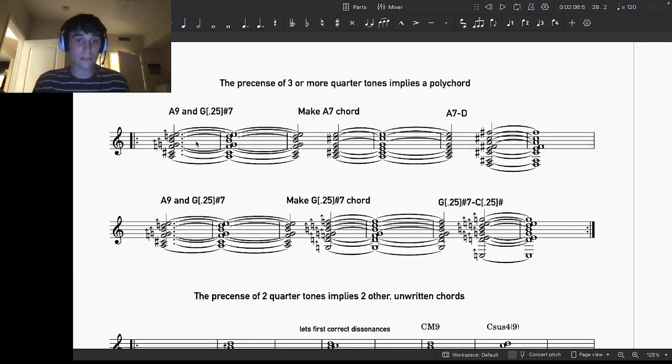So with that knowledge, then we can use it to modulate into 2 completely different key centers with the same chord. This is resolving to a D, working off the A7, and this is resolving to a C quarter sharp, working off the G quarter sharp 7.